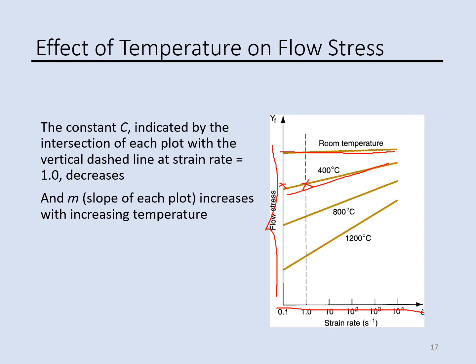So you need that much stress to create the deformation. But if you increase the strain rate, you go, for example, to 100. This is 100. So the flow stress goes up. So it is important to calculate the strain rate to find the respective flow stress for that application.